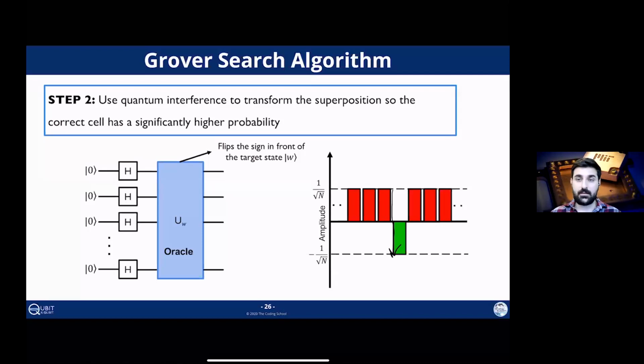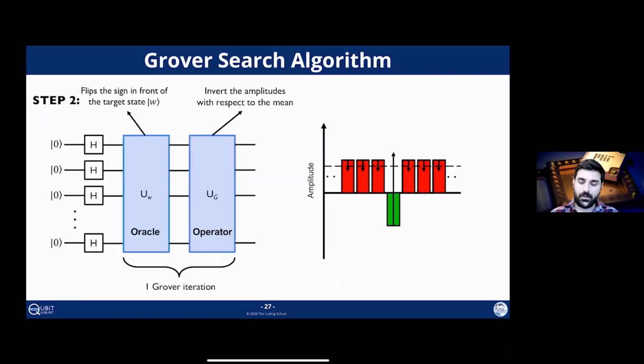But the idea is that the oracle, by flipping I mean just adding a negative sign in front, does not do anything to the incorrect answers and just adds a negative sign in front of the amplitude of the correct answer, the element that we're looking for, such that it goes down. Now, the next part here is where we invert the amplitudes with respect to the mean.